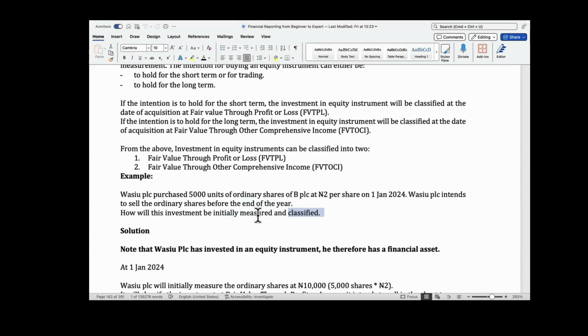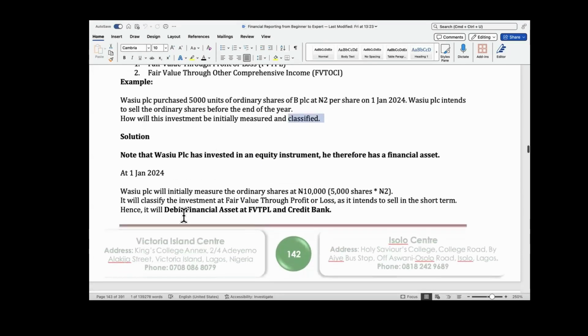Okay. However, when he wants to enter this in his book, the double entry is that since he is buying shares, he will debit financial assets, but the account head will not just be called financial assets. Since there are two classifications of financial assets, fair value through profit or loss and fair value through OCI, it needs to clearly state the classification.